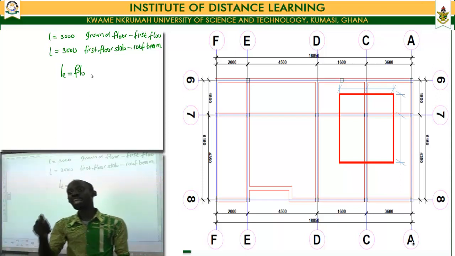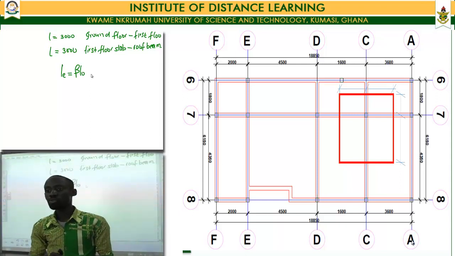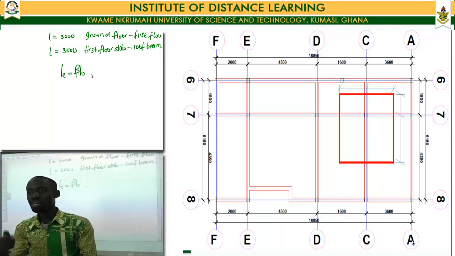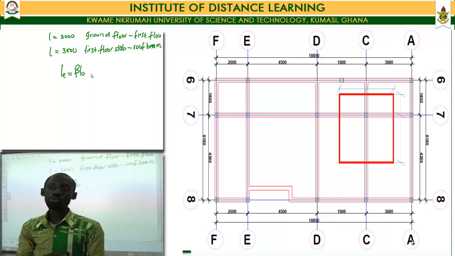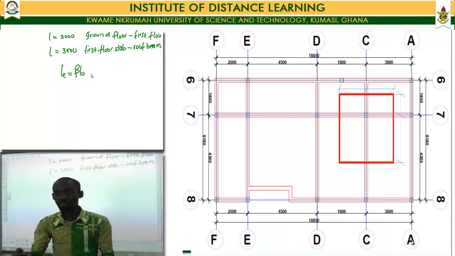If we count between grid lines 6 and 7, again our column would have to support half of the elements within that section. And similarly between grid lines 7 and 8, it would also have to support half of the elements.